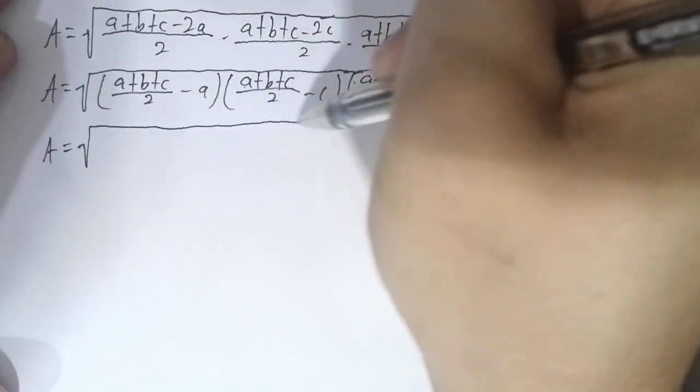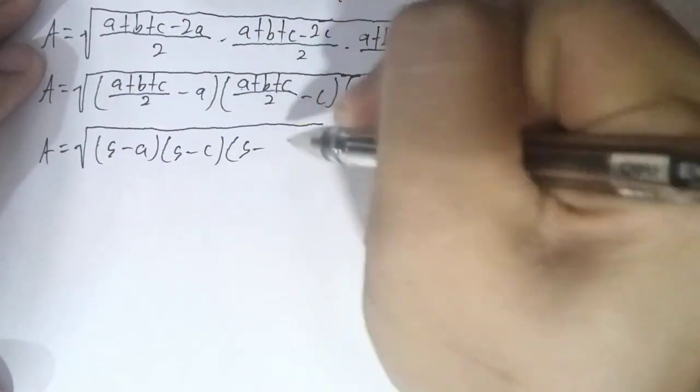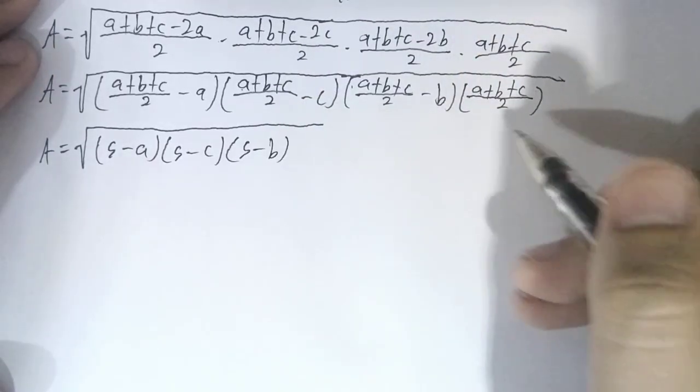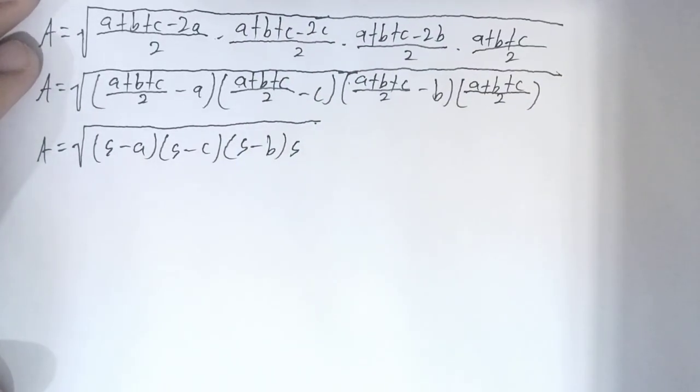And then this would give us the area of the triangle. A is equal to the square root of S minus A, multiplied by quantity S minus C, closed, multiplied by quantity S minus B, closed, and then multiply by S simply. Good.